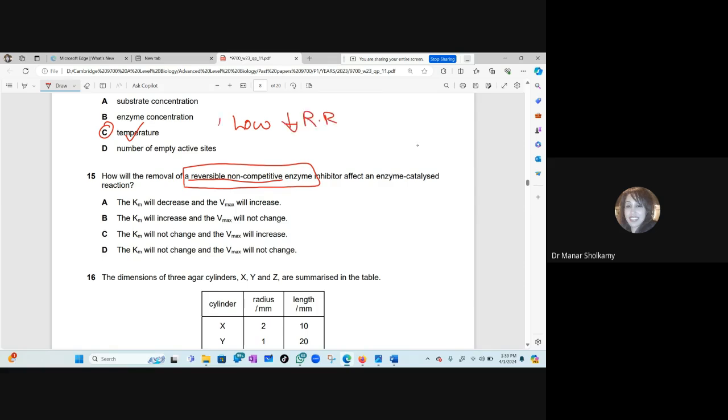And what does it do to the Michaelis constant, to the affinity of the enzyme? It decreases? No, it doesn't.